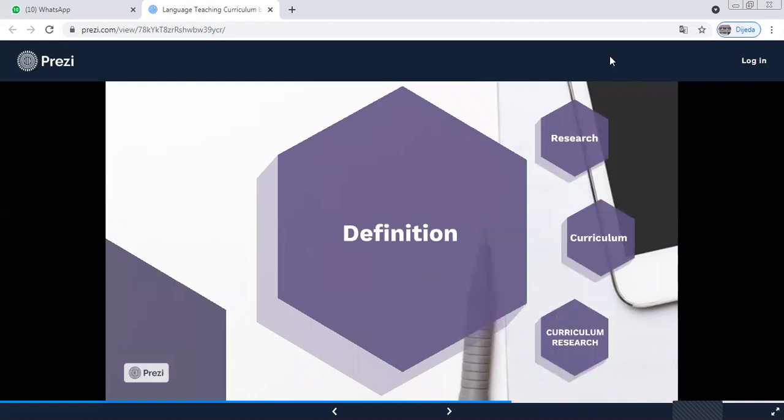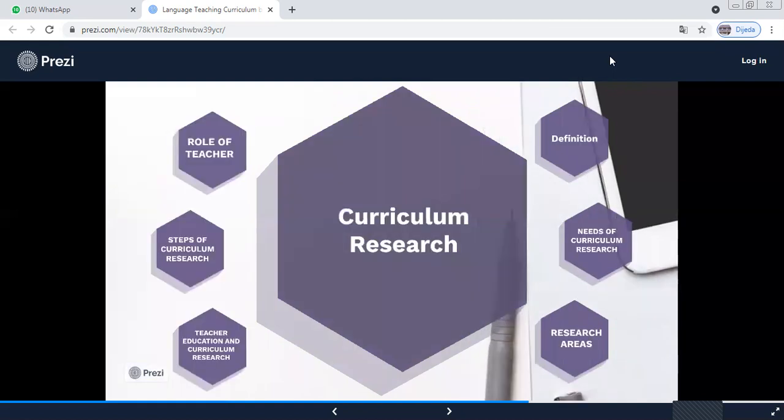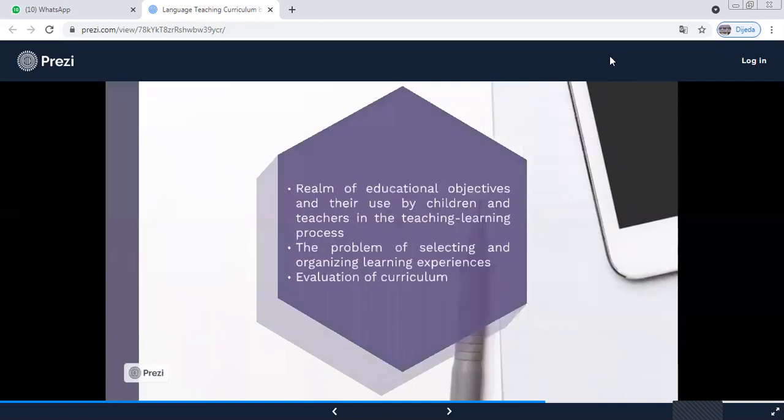And then needs of curriculum research involve range of educational objectives and their use by children and teachers in the teaching learning process. The problem of selecting and organizing learning experiences and evaluation of curriculum.